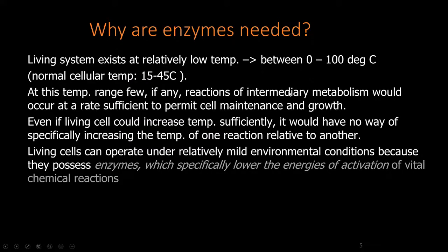They have different pathways and different reaction mechanisms. However, normal living cells work between 15 to 45 degrees centigrade. Enzymes are immensely important to carry out all the vital chemical reactions at the normal temperature of the body, which is a good range, but still.